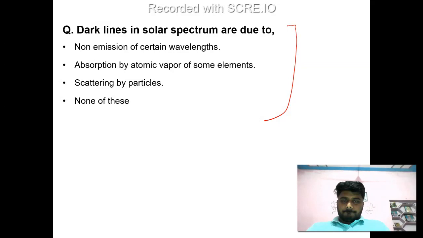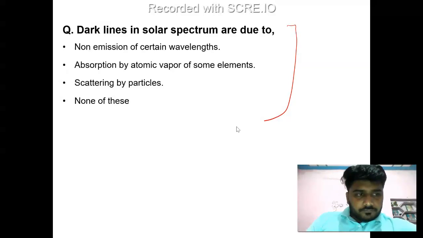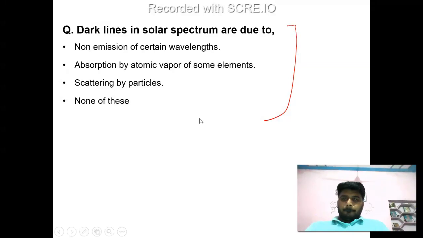I will show the dark lines pattern in the next slide, but before that, you have to identify the correct option for this question.